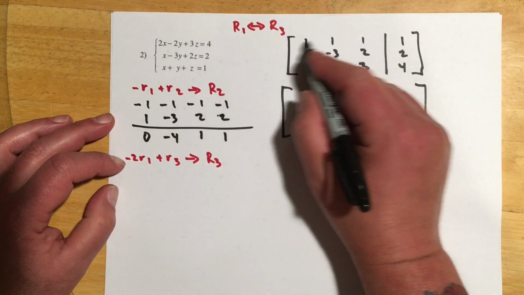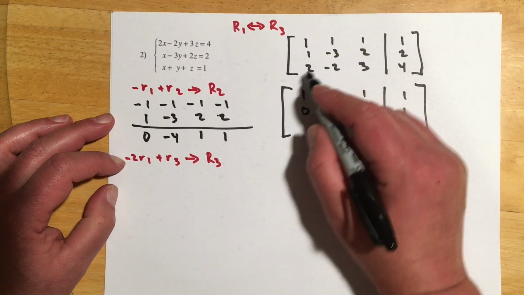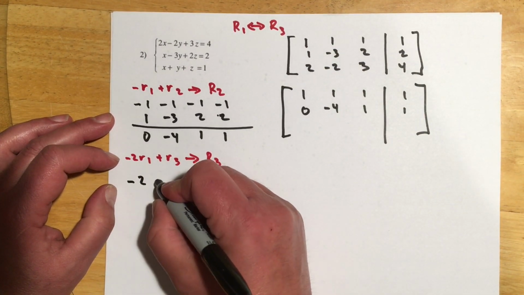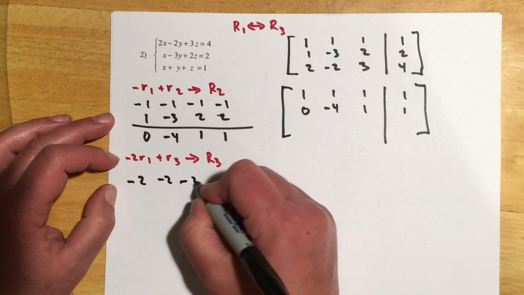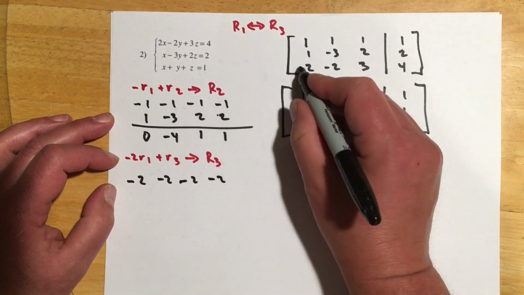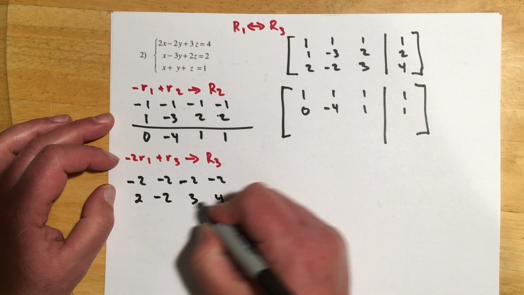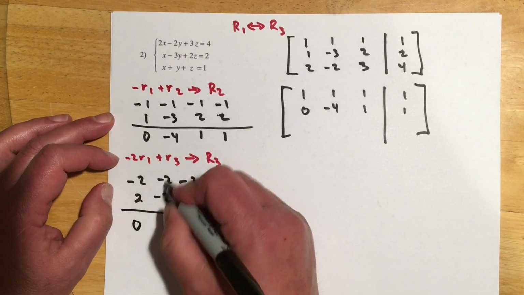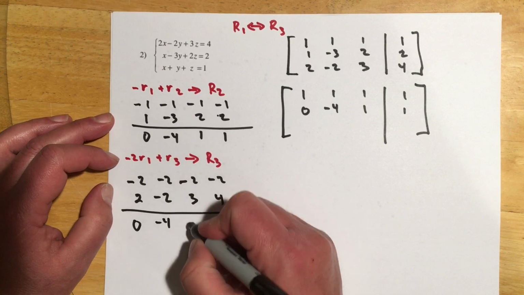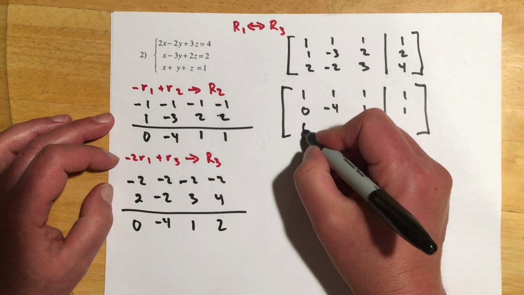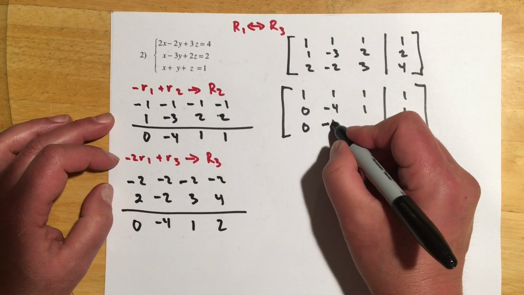And now I'll go negative 2 times this to knock out that 2 right there. So negative 2, negative 2, negative 2, negative 2, and then this one. So 0, negative 4, 1, 2. So that's my new row 3.